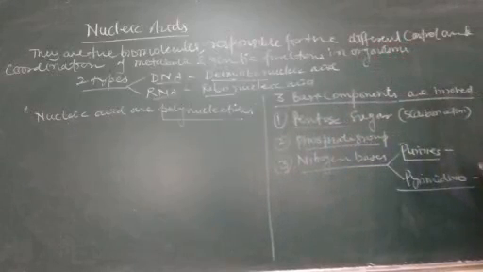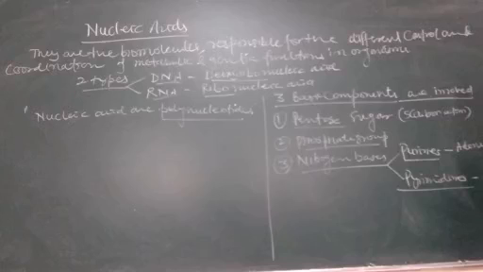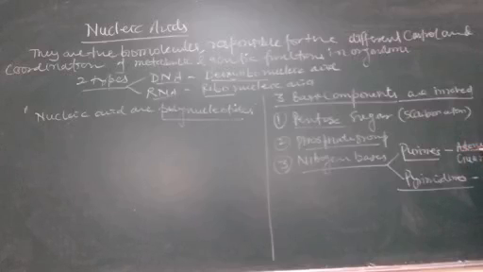Purines are of two types: adenine, A, and second is guanine, G. So this is 1, this is 2.